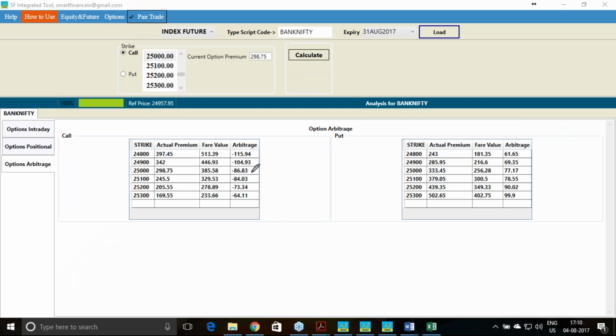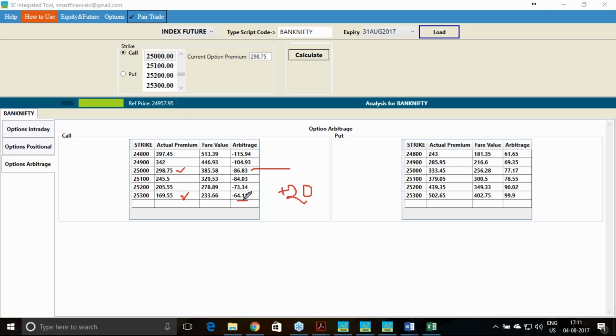If you are forming this kind of strategy, suppose here there is 86 rupees lesser, here 64 rupees lesser. If you are buying here at 299 rupees and selling at 169 rupees on an intraday basis, you have a difference of 20 rupees of arbitrage value. You bought an instrument which has 86 rupees of lesser value.